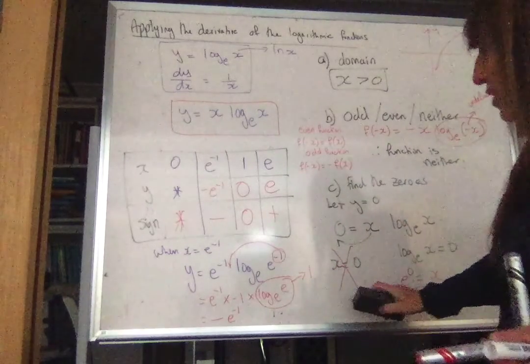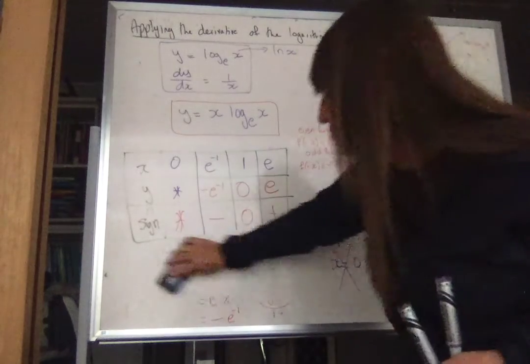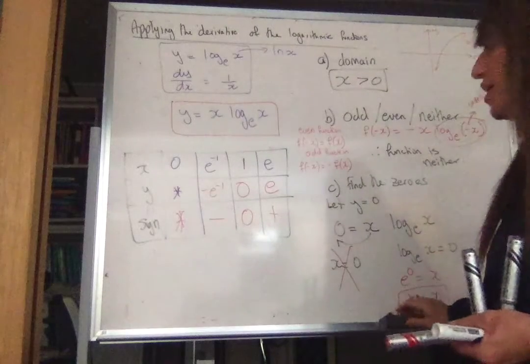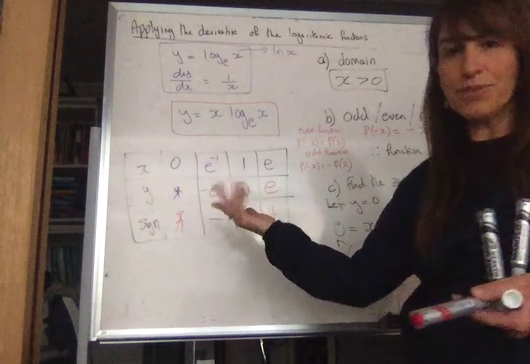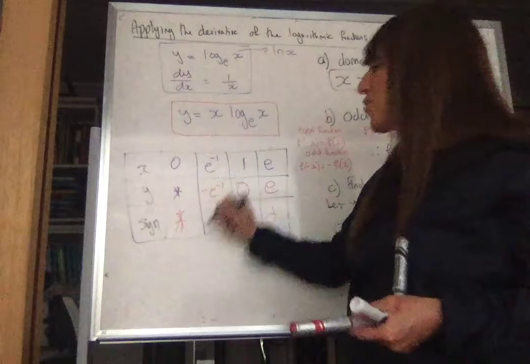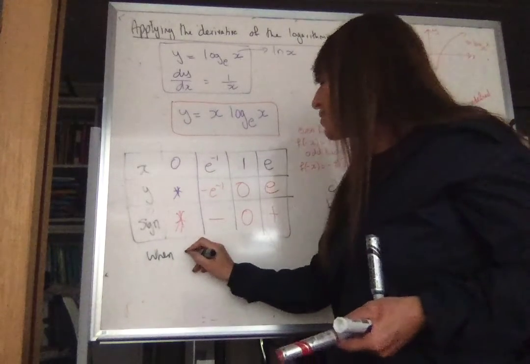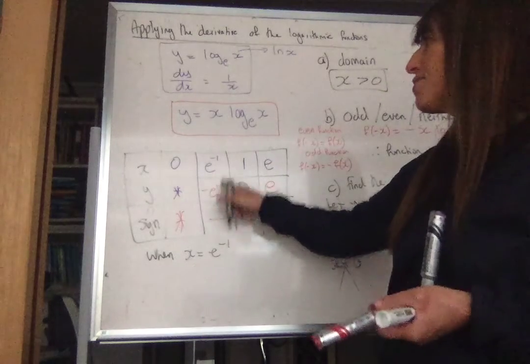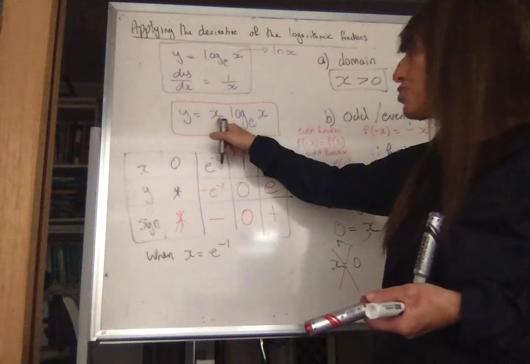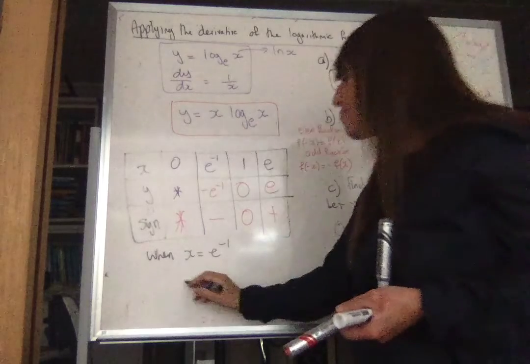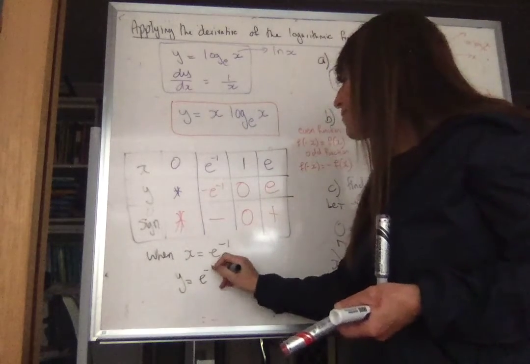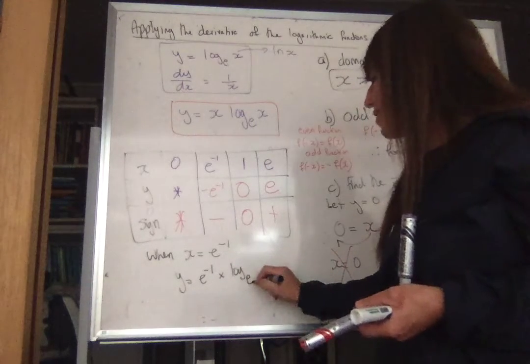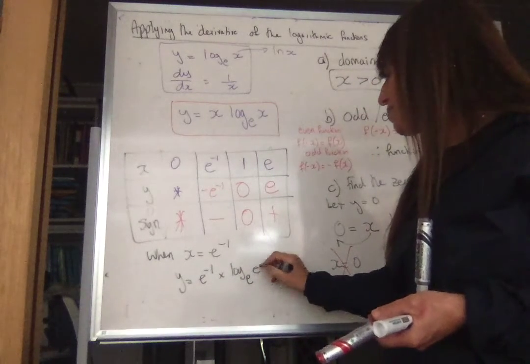Oh, I just wanted to write up here how I get those y values. When x is equal to e to the power of -1, I need to find the y value. So how do I do that? I substitute x for e to the power of -1. So e to the power of -1 times log base e of e to the power of -1.